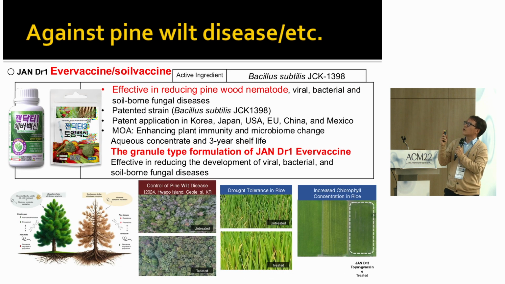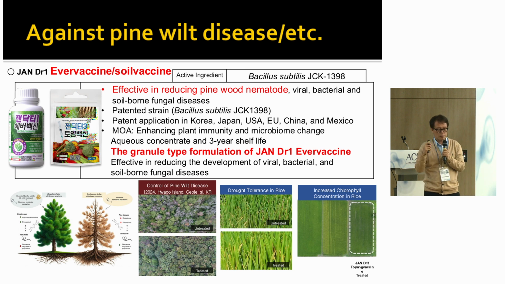Another problem is pine wilt disease, because Koreans really like pine trees, and we get a lot of products from them to build houses and for other uses. But pine wilt disease is caused by nematodes and also transmitted by insect beetles. So this is a really big problem.